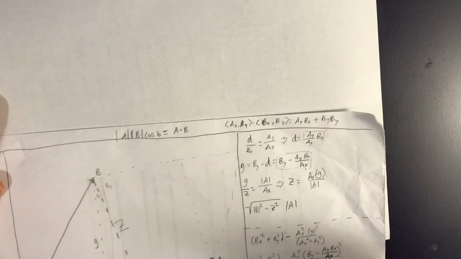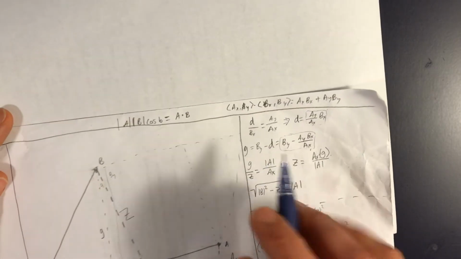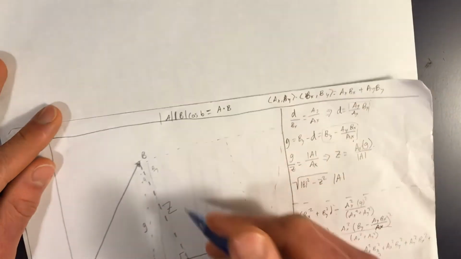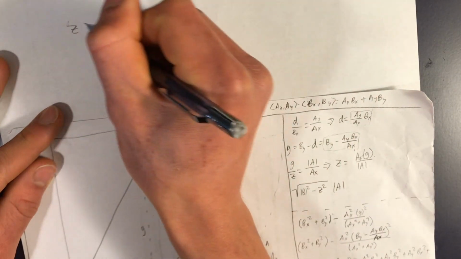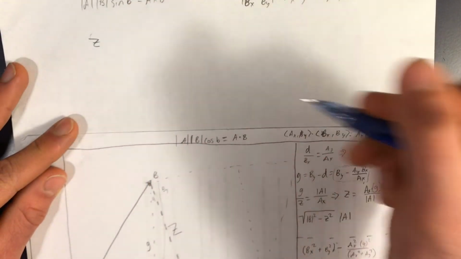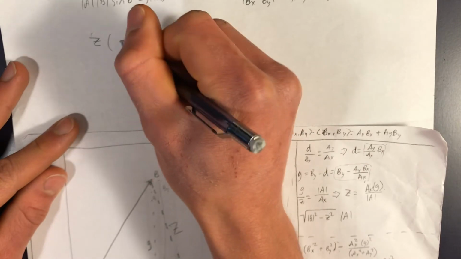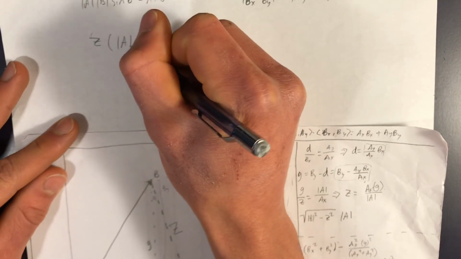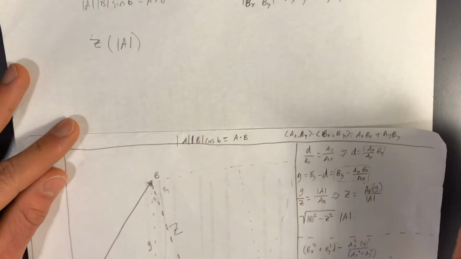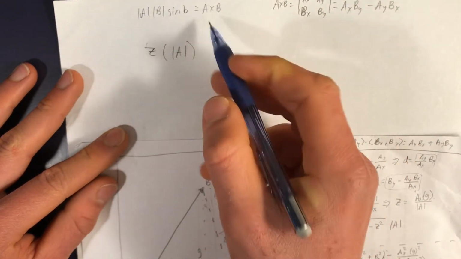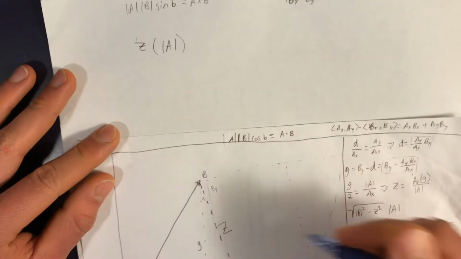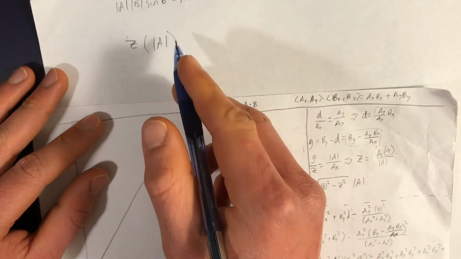So let me think here. You're just going to have Z times the absolute value of A. Yeah, that's pretty much all. That is equal to that, so plug in the numbers.